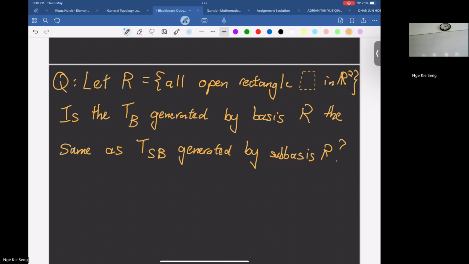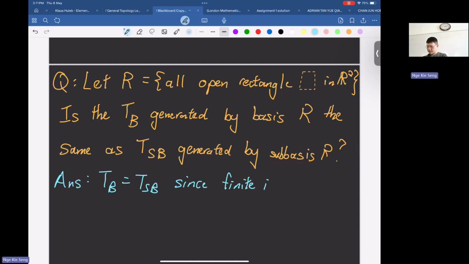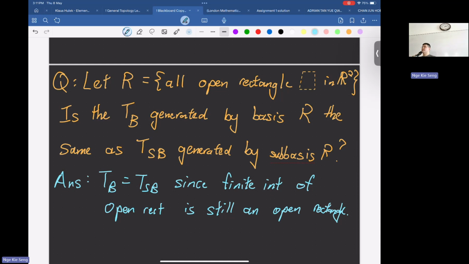So the answer is that they should be the same, since a finite intersection of open rectangles is still open, so you can create all the open sets in the other topology.